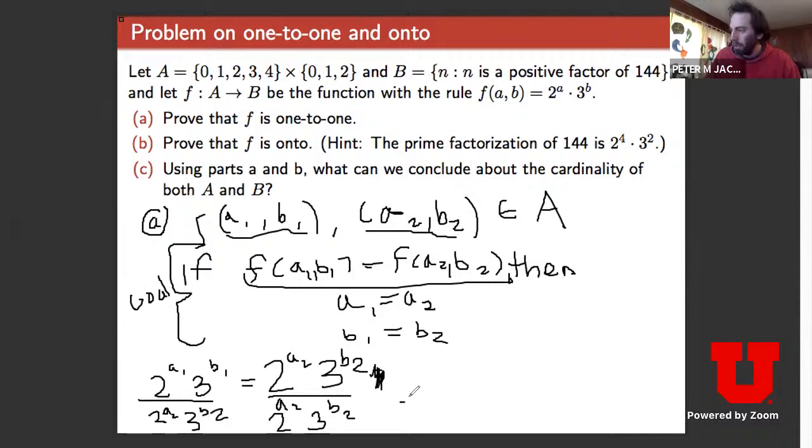All right, so then the right-hand side becomes 1. And let's just write 1 a little bit differently. We want to use the fact that prime factorizations are unique. So we're going to write this as 2 to the 0th, 3 to the 0th.